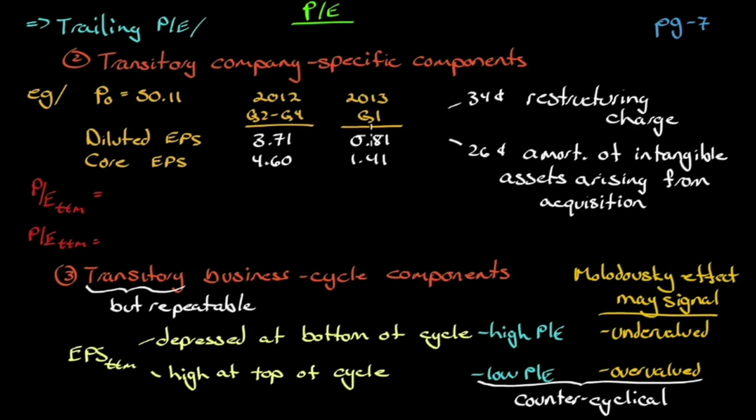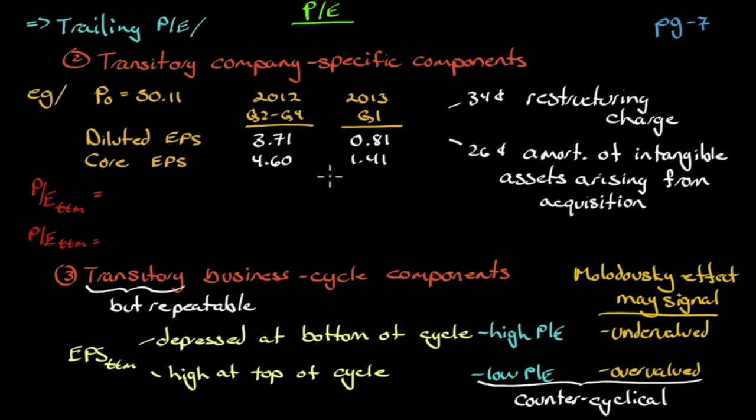But in the notes of the financial statement, it said, look, we had in this 81 cents a 34 cents restructuring charge, and a 26 cents amortization charge of intangible assets arising from an acquisition. We don't think this is going to happen again. That's a 60-cent hit. Our core EPS should be $1.41 because this won't happen going forward. The earnings power in the company is $1.41 per share. This is a one-time event.